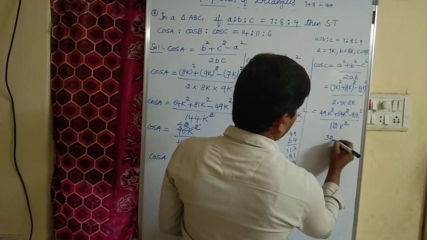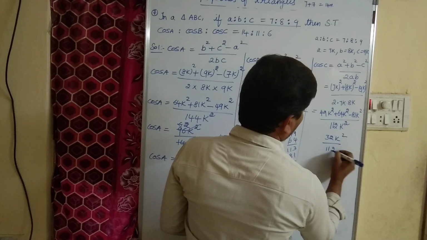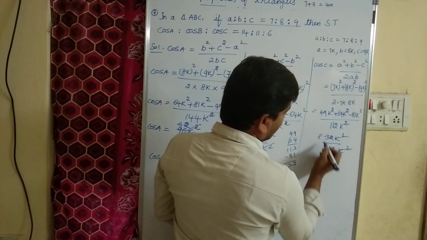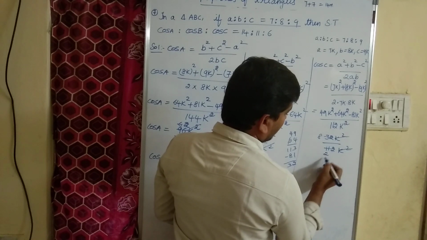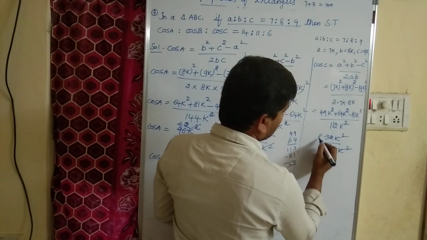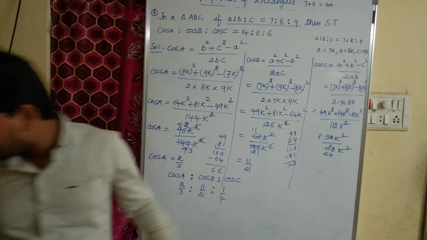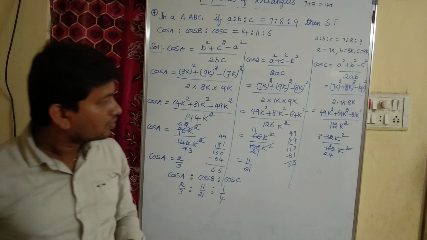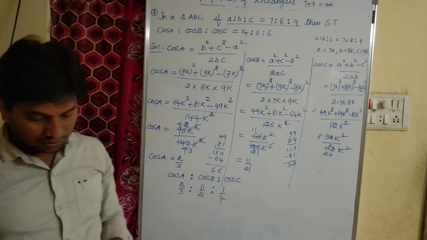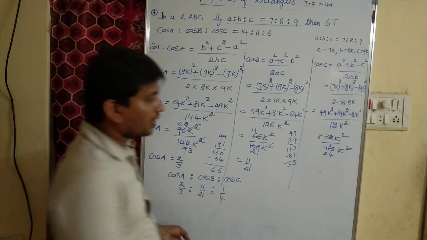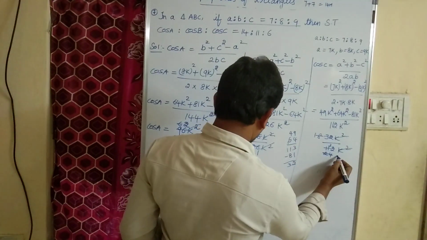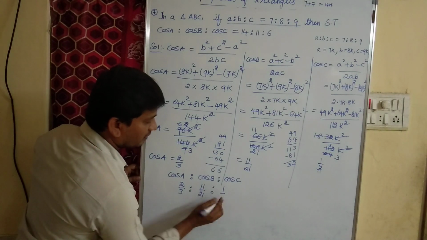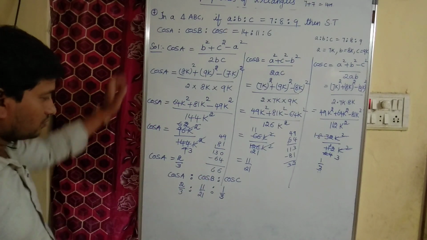That is equal to 32k square by 112k square, cancel. 4 times 8 is 32, 4 times 28 is 112, so 8 by 28, which is 1 by 4... sorry, 1 by 3. So here we have written 4, so 1 by 3.